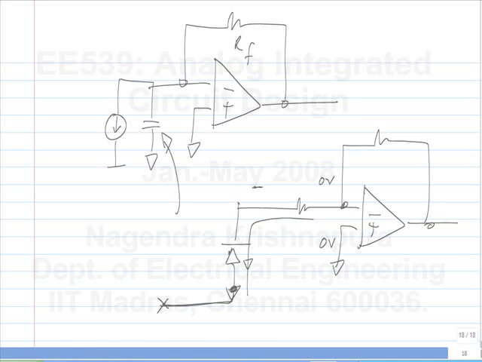So basically, the bottom side is not really connected to 0 volts, right? Even without the resistor, it's not connected to 0. It has to be reverse biased with a certain voltage. That's how the photodiode works.